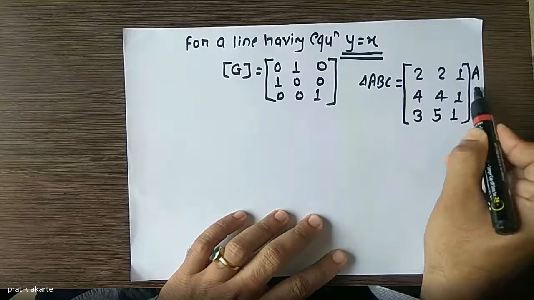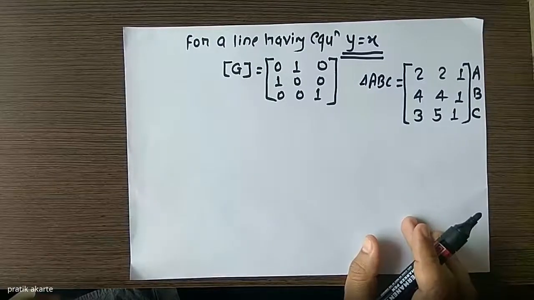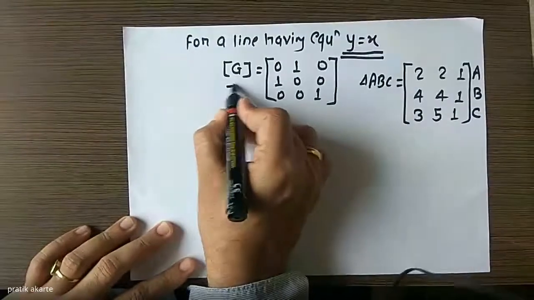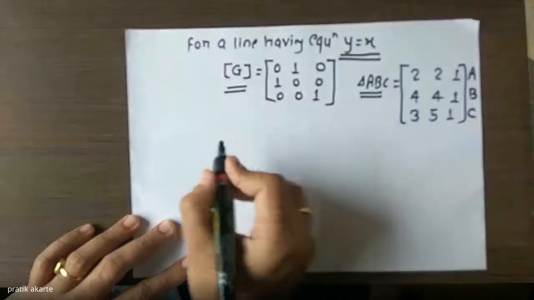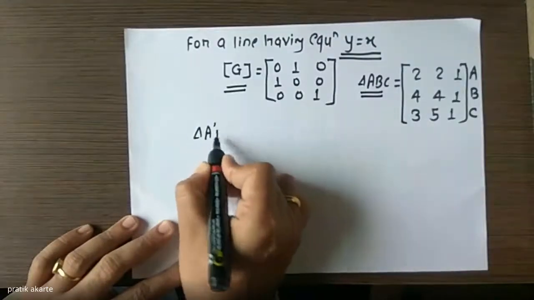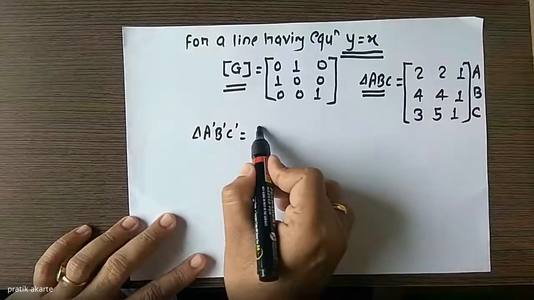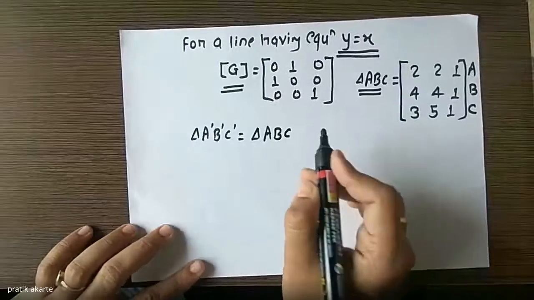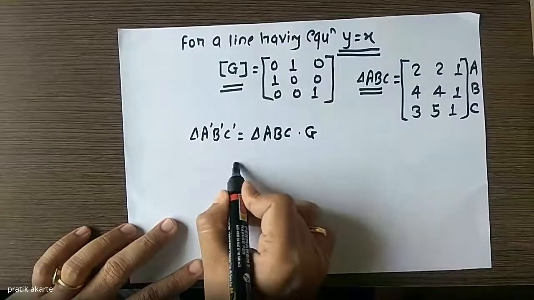This is for A, this is for B, and this is for C. When we multiply these two matrices, this one and this one, we'll get the new vertices of the triangle. It is A dash, B dash, C dash equal to triangle ABC into G.